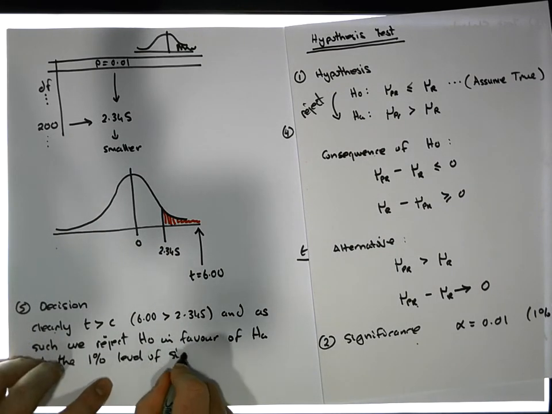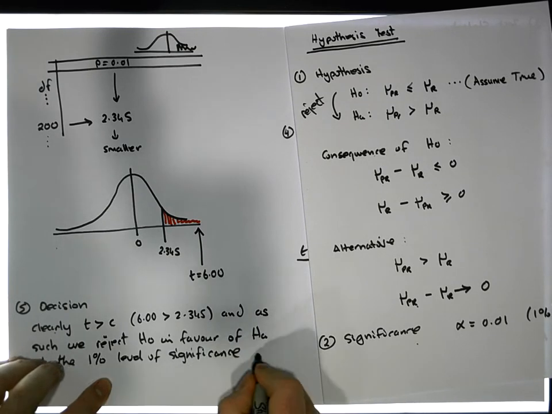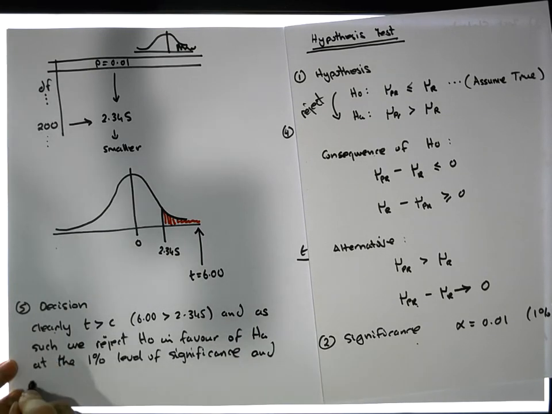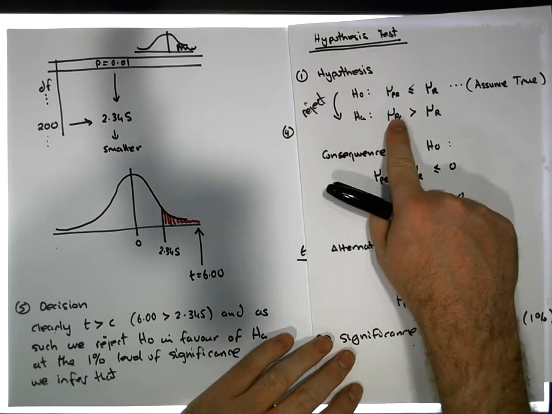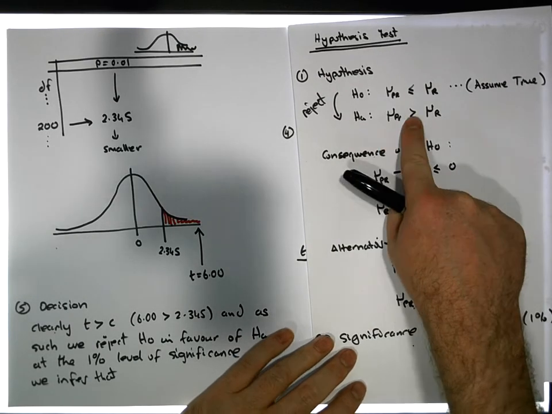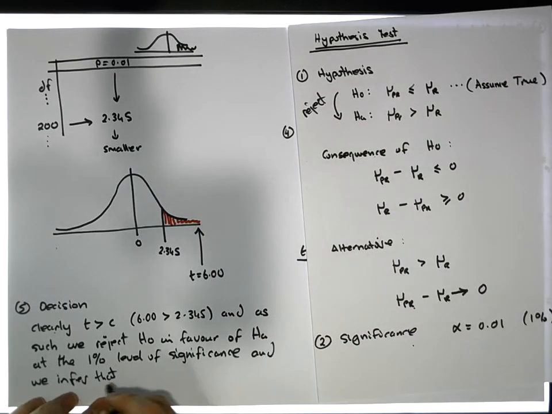And now, because we've rejected, we can infer that average income for Primeland is actually greater than average income for Rockland.